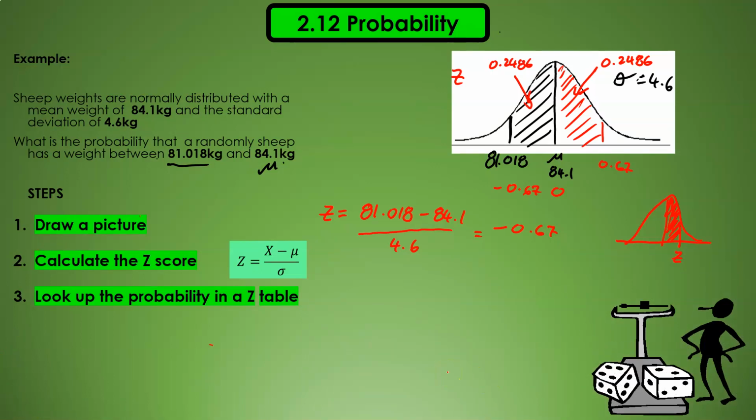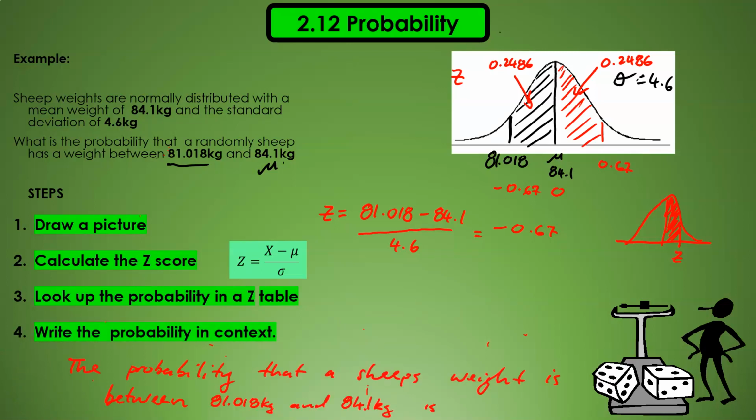Which moves us on to the last step of answering our question, which is to write the probability in context. The probability that a sheep's weight is between 81.018 kilos and 84.1 kilos is 0.2486. That's it. It's pretty much the exact same question that we started with looking at values on the right. It's just that we've got this extra element, a negative, that we have to deal with.